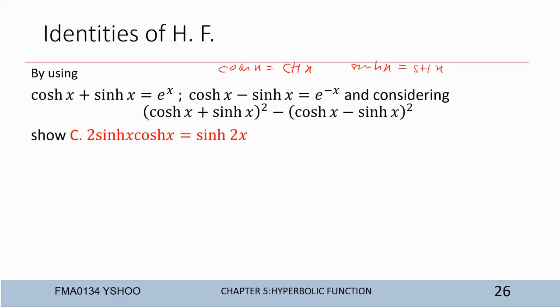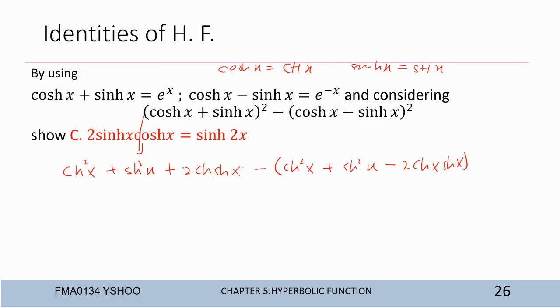So if I expand the left-hand side of this one, I'm going to have ch squared x plus sh squared x plus 2 ch x sh x, and then minus, because this is a minus, I have ch squared x plus sh squared x minus 2 ch x sh x. This is my left-hand side of this one.